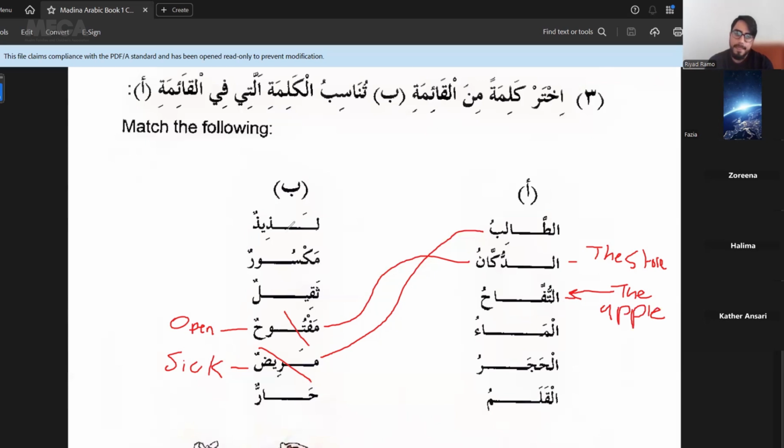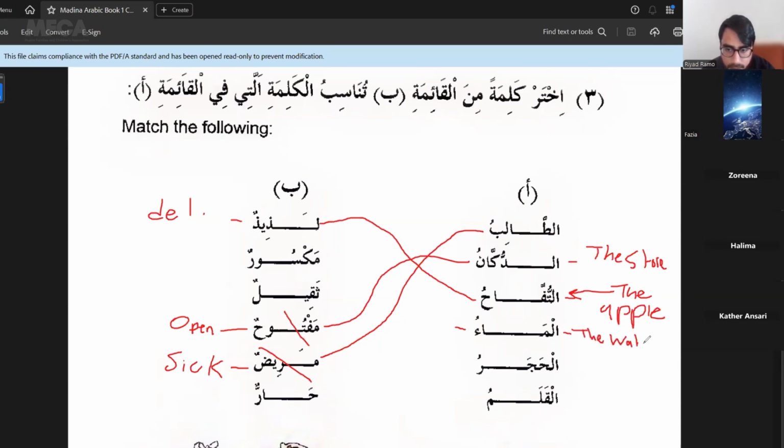We have to pick which one of these. We only have four left. Is it ladidun? The first one. Ladidun, delicious. At-tufahu ladidun. Okay. So the next one, Halima. Al-ma'u. I'm not sure what ma'u is. The water.